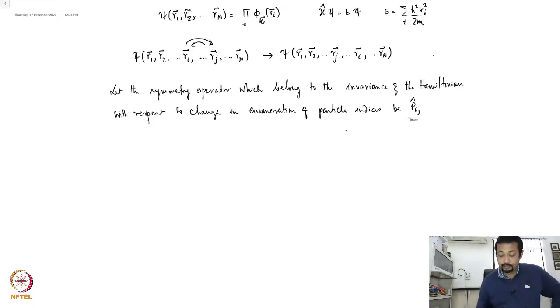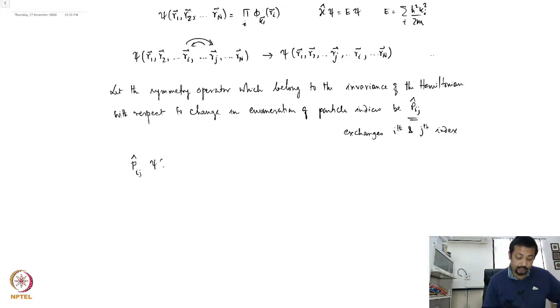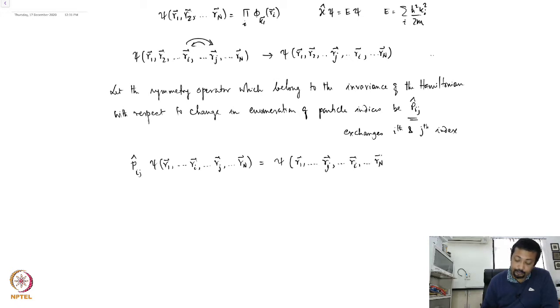So this operator exchanges the ith and jth index, so that P̂_ij ψ(r1, ..., ri, ..., rj, ..., rn) is going to be ψ(r1, ..., rj, ..., ri, ..., rn).